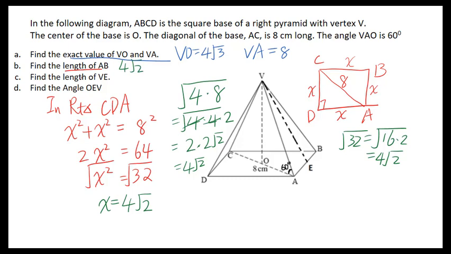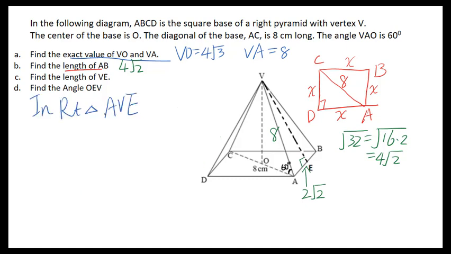For C, find the length of VE. For this VE, we will use the Pythagorean theorem again. So this is 8. AE will be half of AB. That is 2 square root of 2.